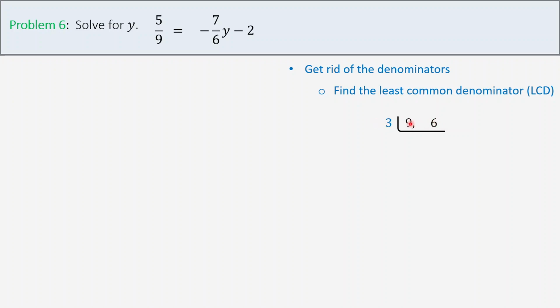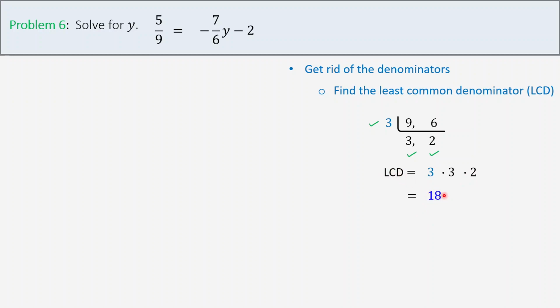So divide. 9 divided by 3 is 3. 6 divided by 3 is 2. Now there is no number that can divide both 3 and 2. Now the LCD is to multiply these three numbers. 3 times 3 times 2 is equal to 3 times 3 is 9, times 2 is 18. So 18 is the least common denominator.